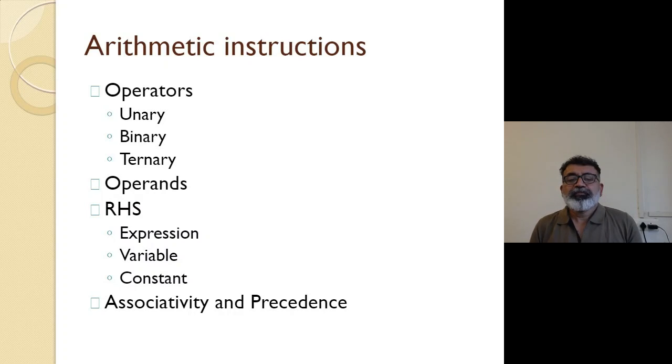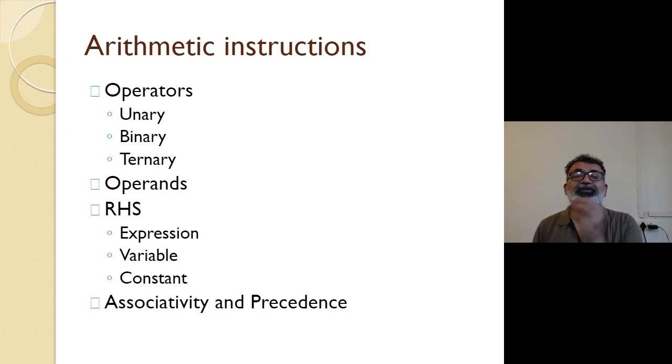Now, x divided by 5, x divided by y. So here division is a binary operator, because it needs two operands. Assignment is also a binary operator because it needs two operands.